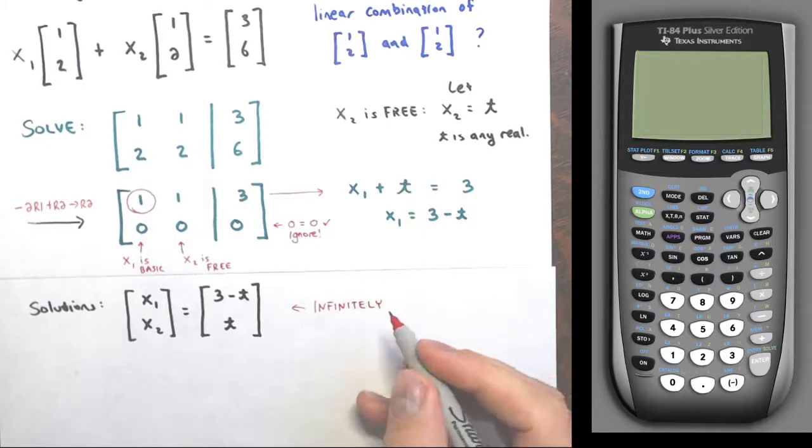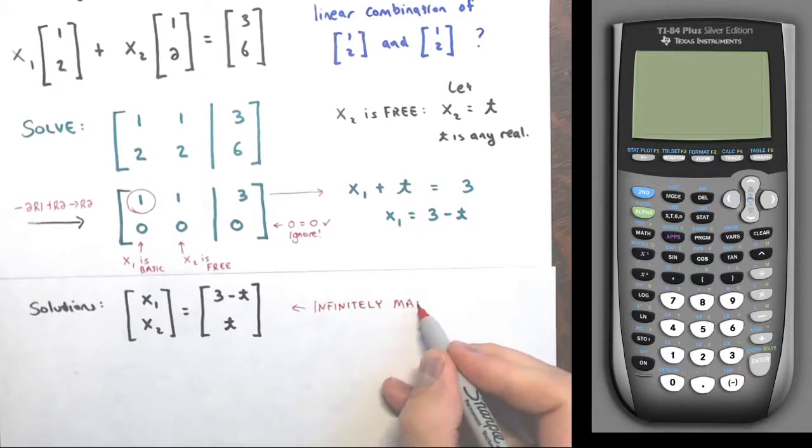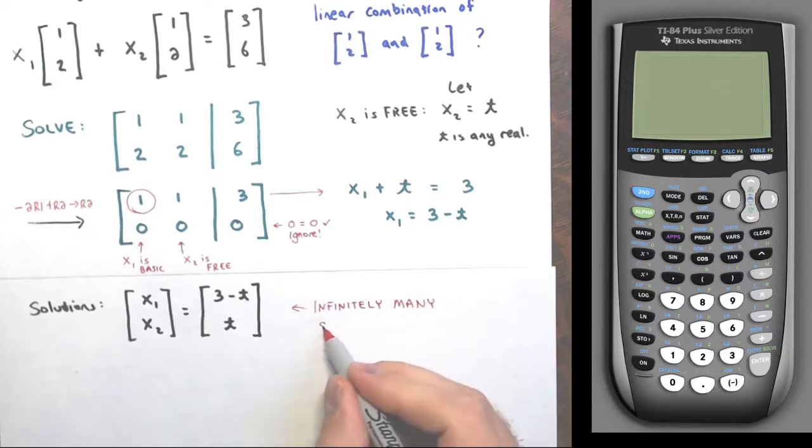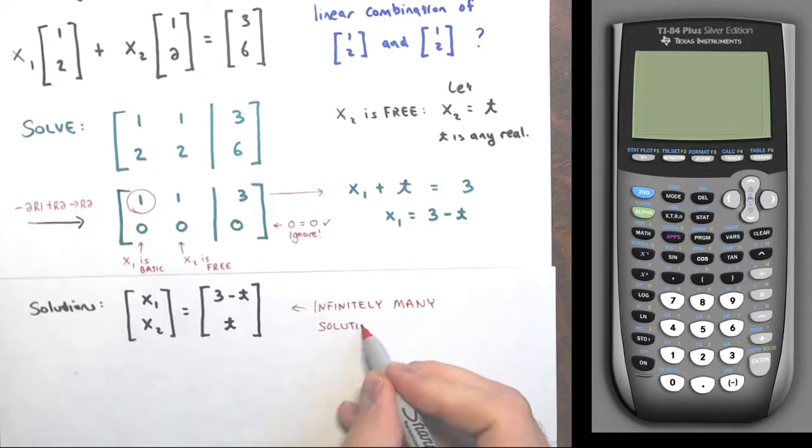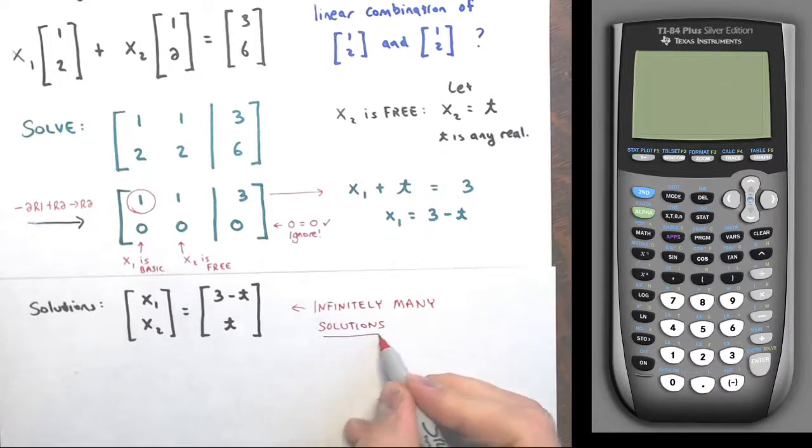And what you're going to see is that when you have a system with infinitely many solutions, that means at least one of the columns isn't necessary. I'll make a video later on the concept of linear dependence and linear independence.